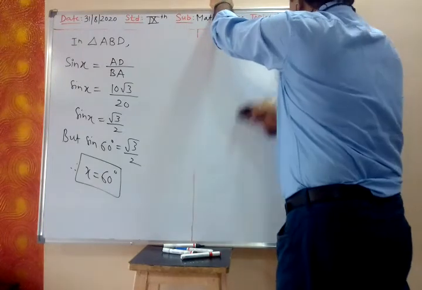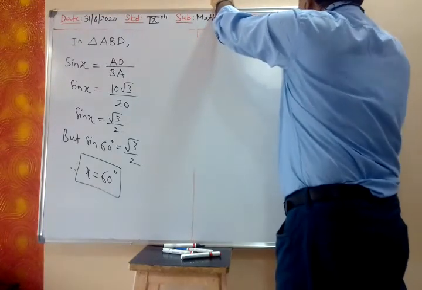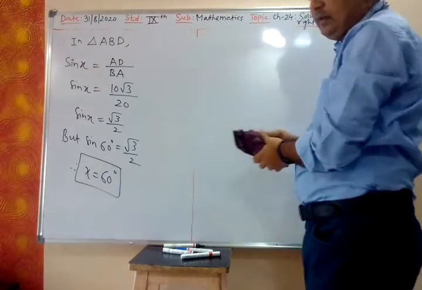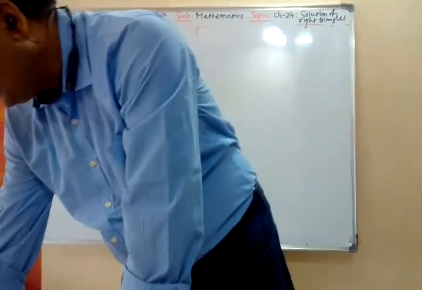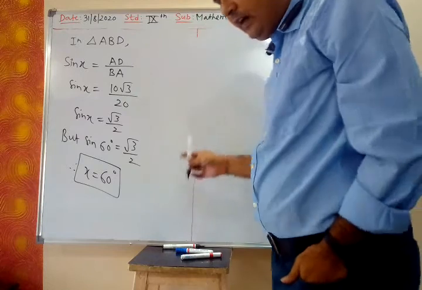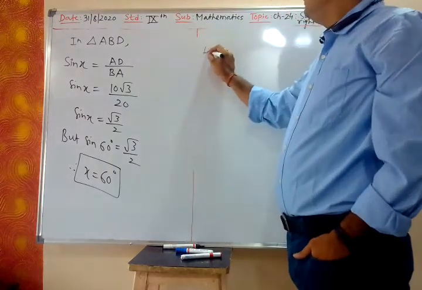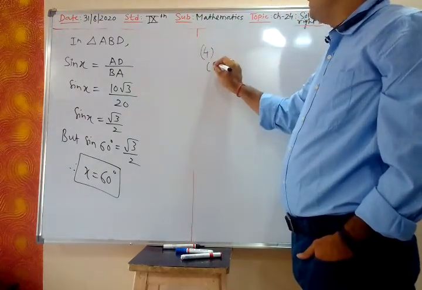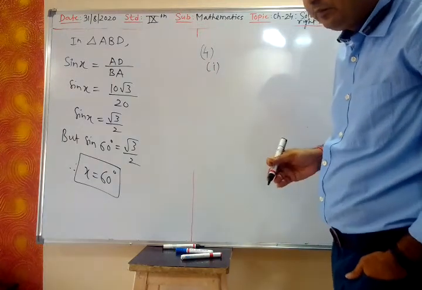The same problem using Pythagoras theorem was there in 7th standard. Now fourth, find AD. Fourth, first. Both are important.